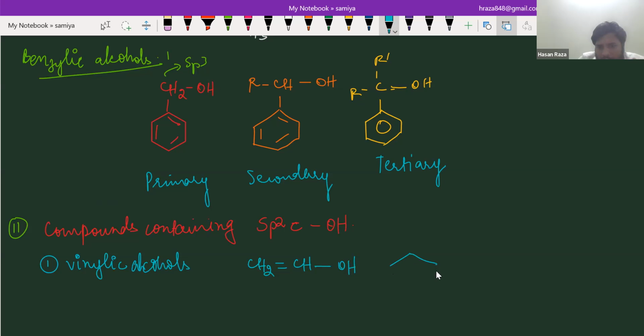You can also take an example like this in cyclic form. You can see this is doubly bonded and it is directly connected to this OH. This is called vinylic alcohols. In the same way, we can have another type of vinylic alcohols, like this is OH and this is CH.